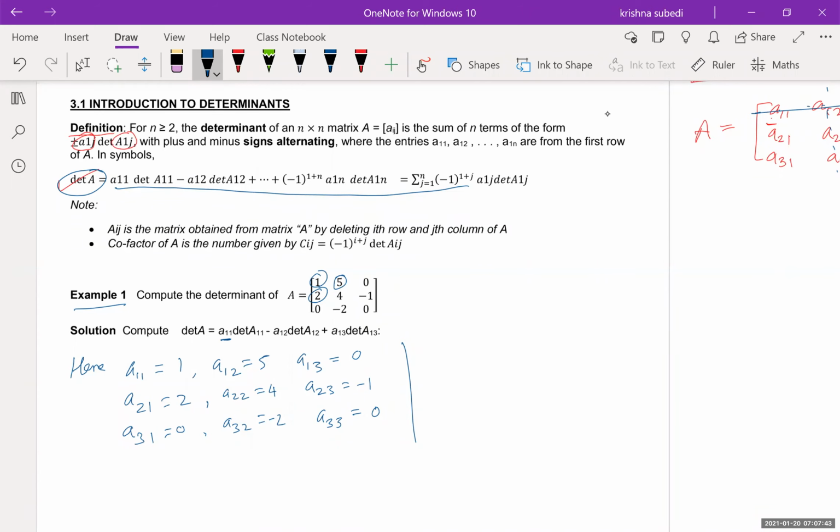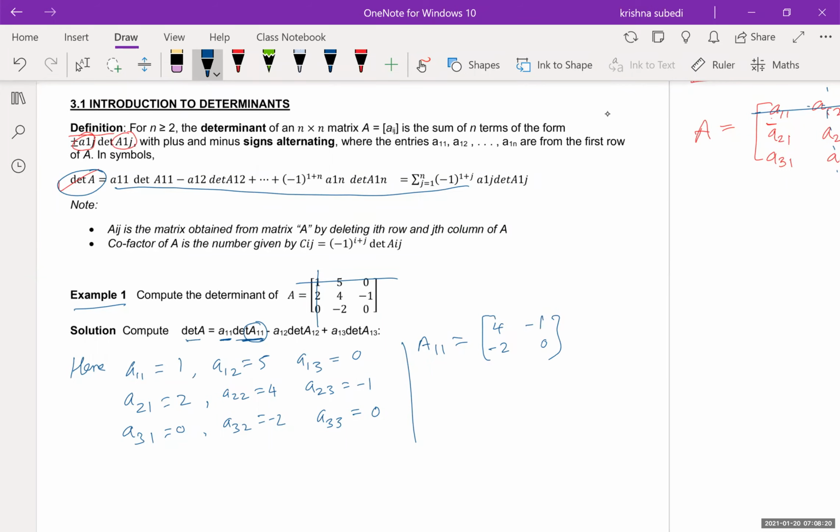Now remember the definition of the determinant. So determinant of A is a_11. We already know what that value is. So what is the capital letter A_11? Well, let us write it down. You ignore the first row and first column, so the remaining is the determinant of 4, 1, -2, and 0.